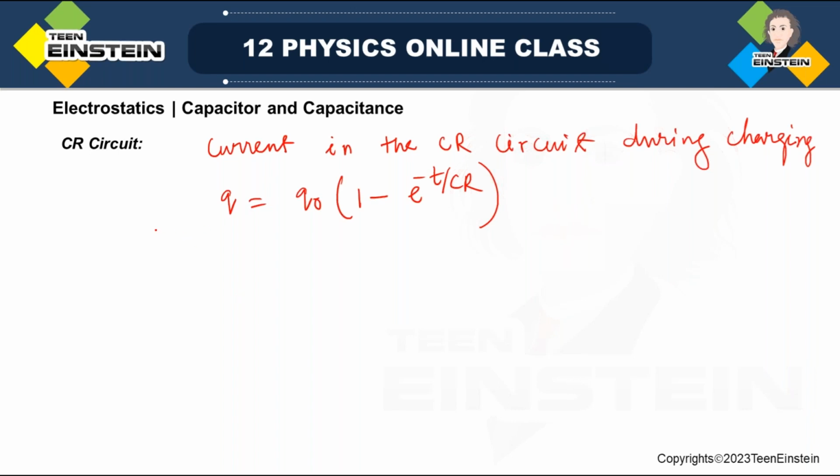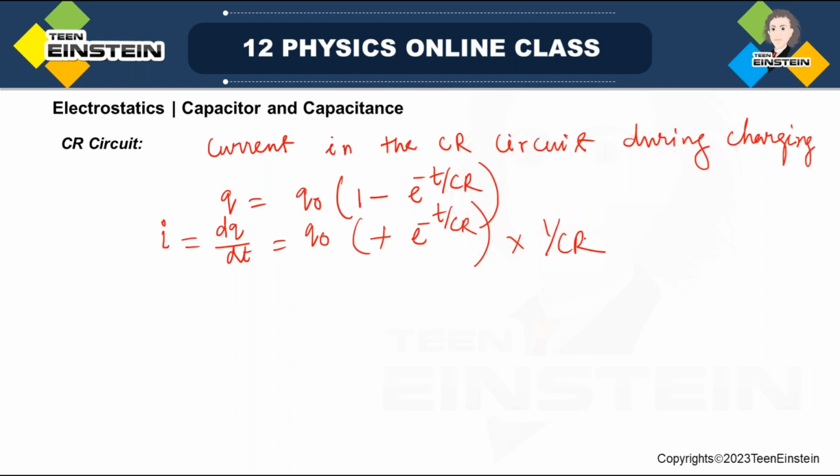Now, if we want to get the current, I can just take the time derivative of it. Q0 is a steady state value, so dQ0 by dt is zero. The exponential part we differentiate, a minus sign will be there, and we get e to the power minus t by CR, along with 1 over CR.